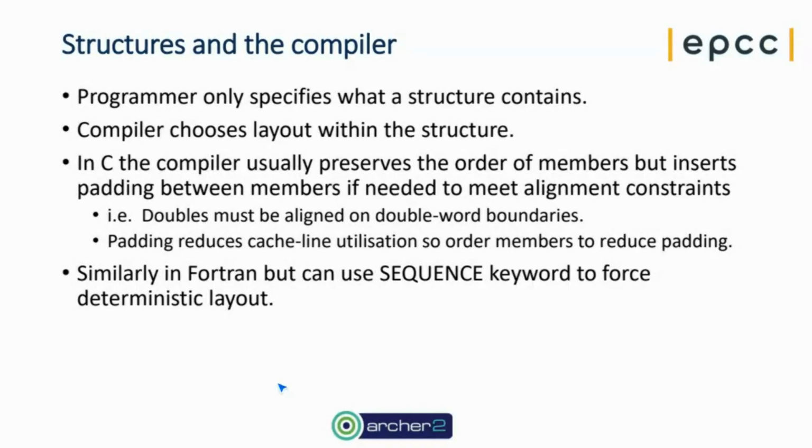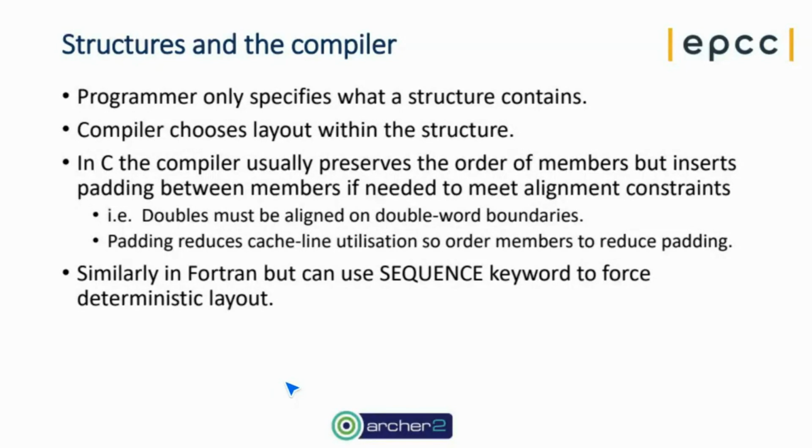So when we create structs, we're only really specifying what the structure contains, and the compiler is choosing the layout. In C, the compiler will usually preserve the order of members that's present in the code, but it will insert padding if needed to meet alignment constraints.